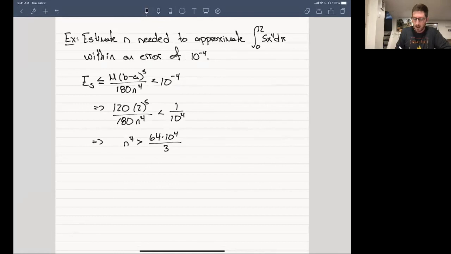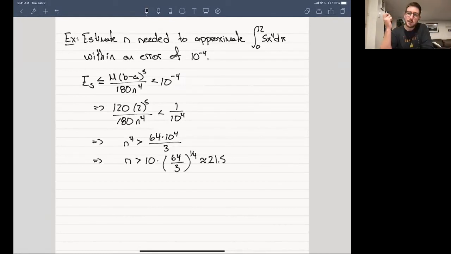And so now we're going to take a 4th root. So taking the 4th root on the 10 to the 4 leaves me with a 10 out front. And now I have 64 divided by 3 to the 4th root, which is approximately 21.5. So n has to be bigger than 21.5. Again, n has to be an integer, so 21.5 is not going to cut it.